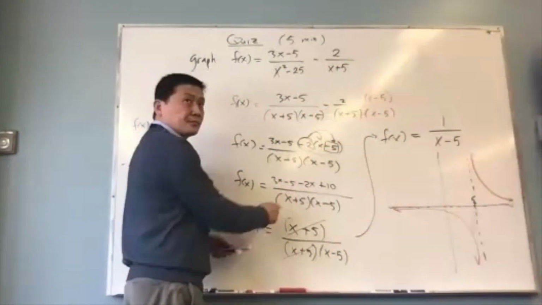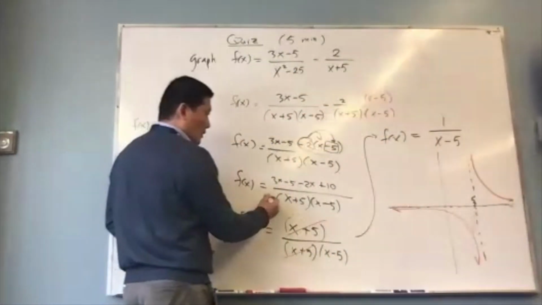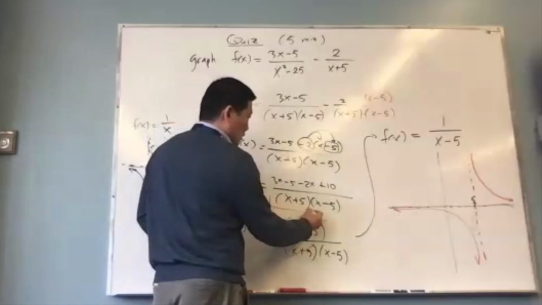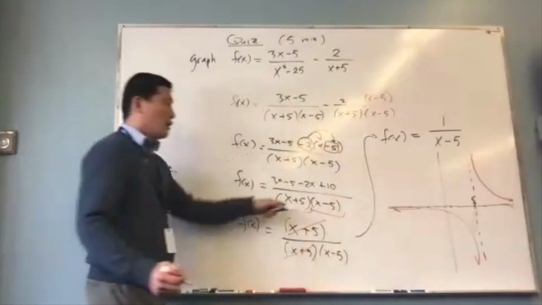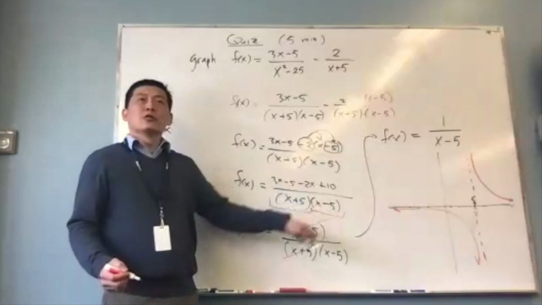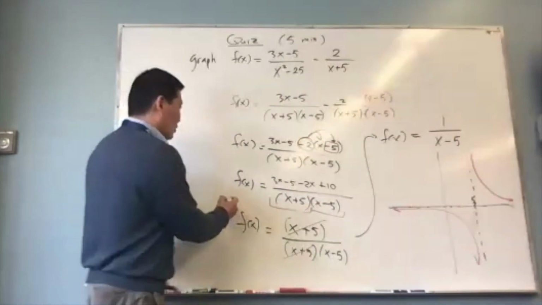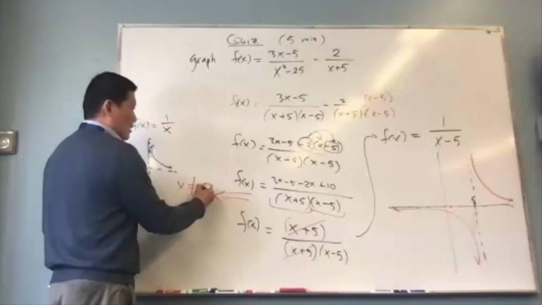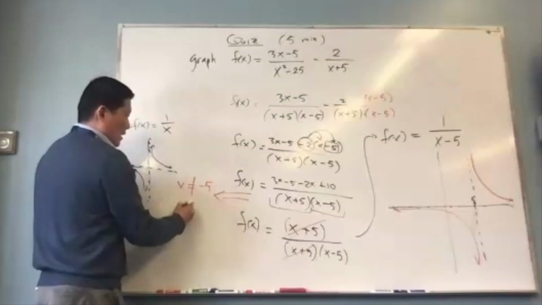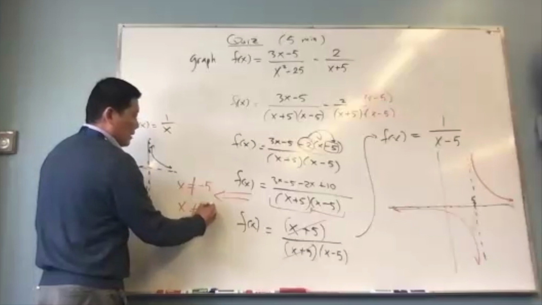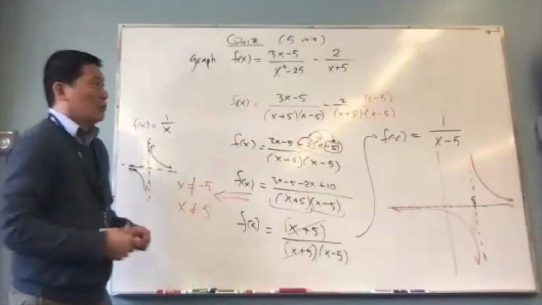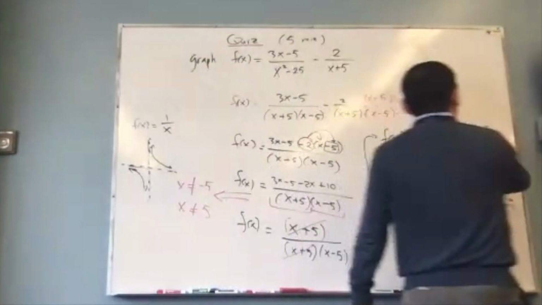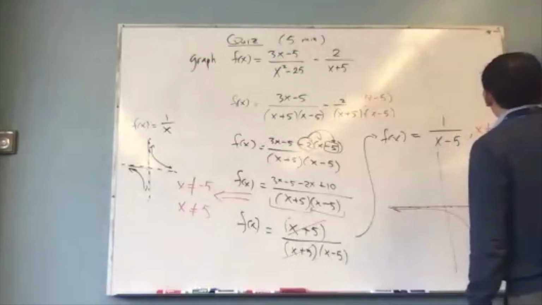Over here, I notice I had two factors in the denominator. This tells me that x cannot equal negative 5 and x cannot equal positive 5. When we end up here, we say x cannot equal 5.